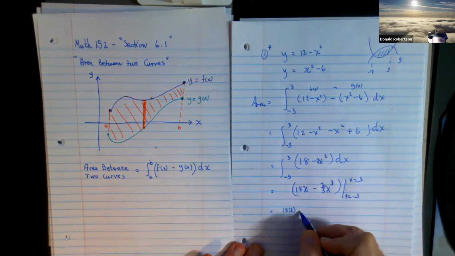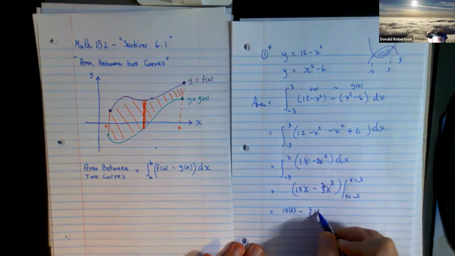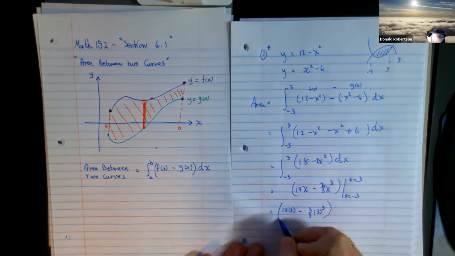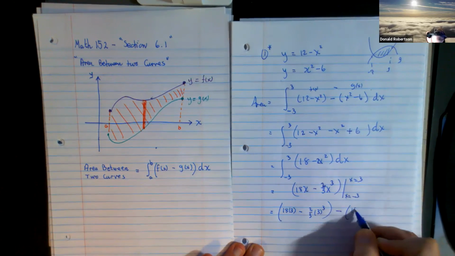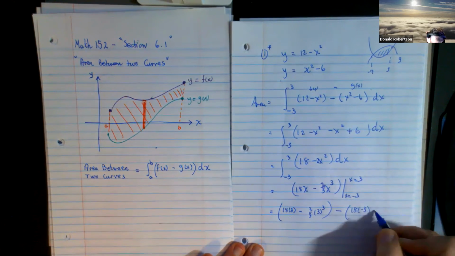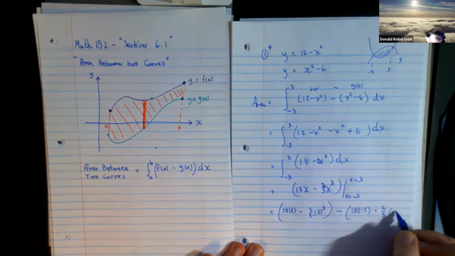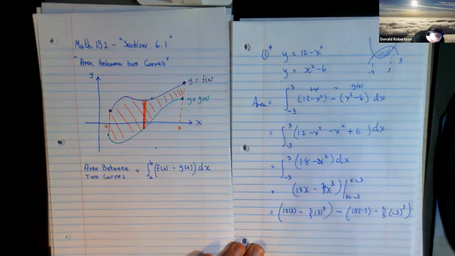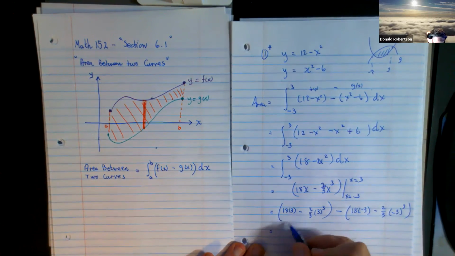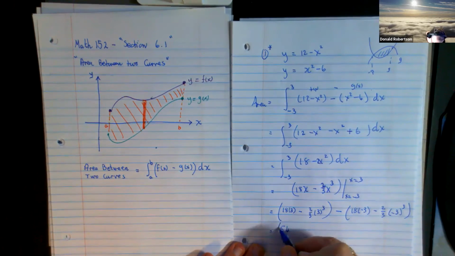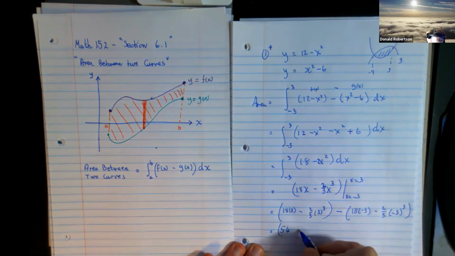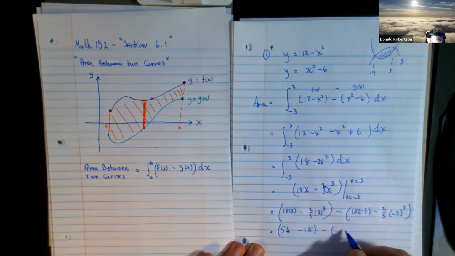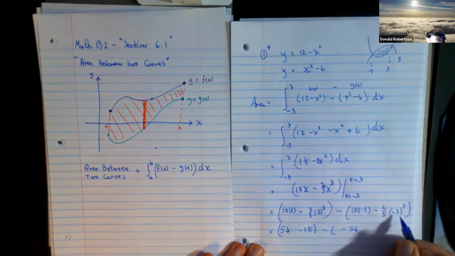So it's going to be what? 18 times 3, take away 2/3 of 3 cubed. Subtract 18 times -3, take away 2/3 of -3 cubed. What's that? 54. 18. -54.